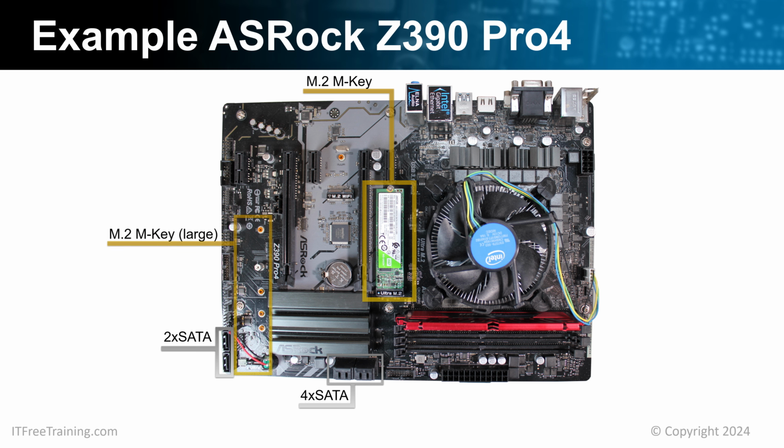Next, notice that there is a second M.2 M key slot on the motherboard. This slot is larger than the first M.2 slot. So here is one of the first things that you will need to consider when installing storage. You don't want to use the larger slot for a smaller storage device and then have to remove it and reinstall it later to make room for a larger solid-state drive.